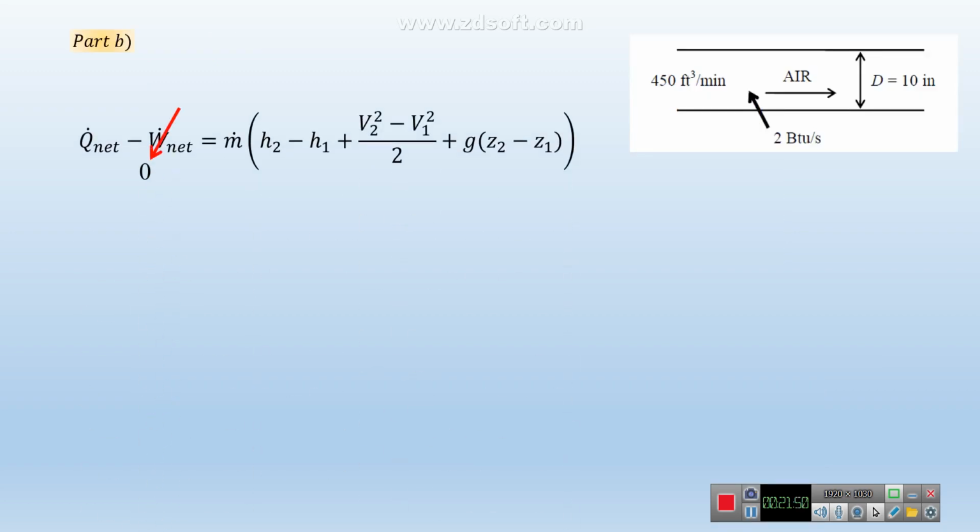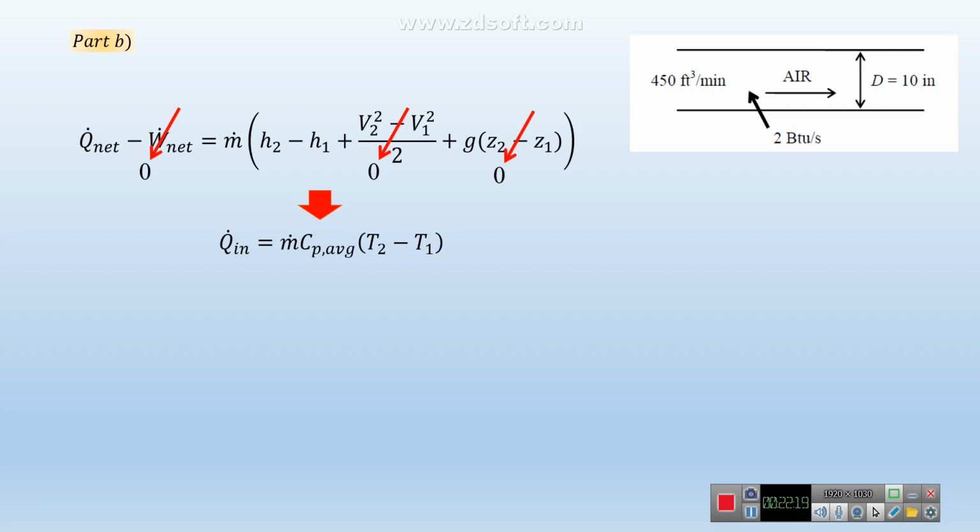And then enthalpy at the inlet and exit, you need to keep. Diameter is constant, so you can cancel the velocity changes and also the potential changes. If you simplify this energy balance equation and use the average CP for this problem, you can just write it based on the average specific heat.